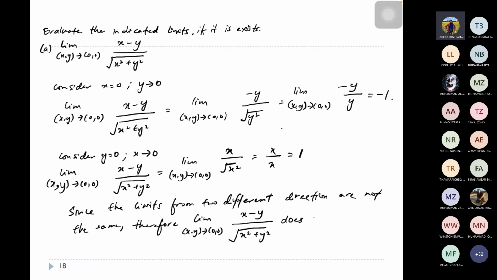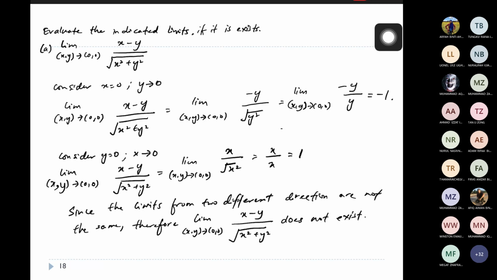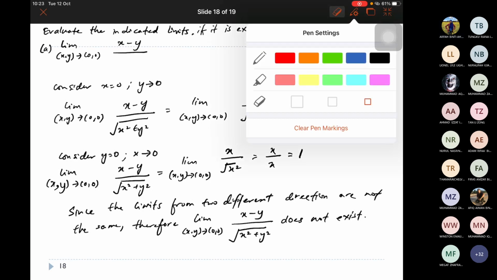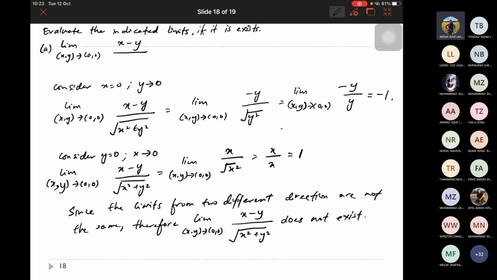Okay. So cuba buat the next one. X minus Y squared over X squared minus Y squared. Okay.